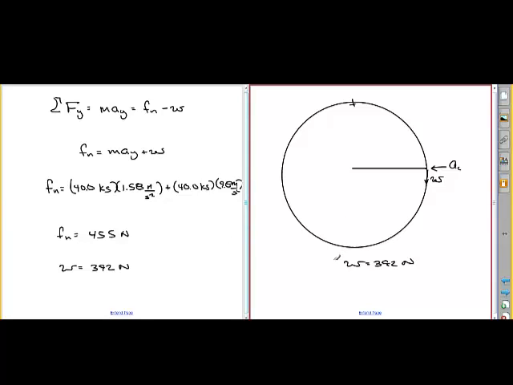Okay, so I missed the part. This is part D. For part C, what you do is you would have the normal force equal to the weight minus the mass times the centripetal acceleration. So you'd have 392 minus 40 times 1.58.